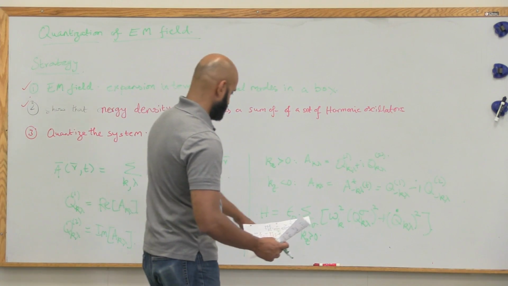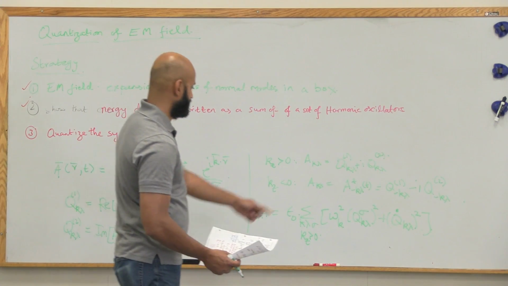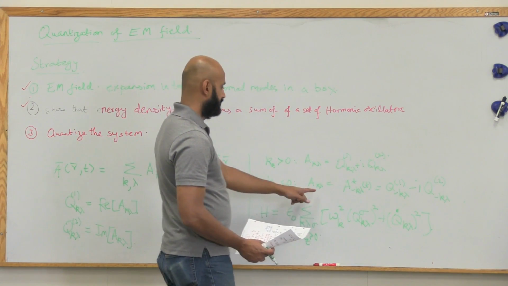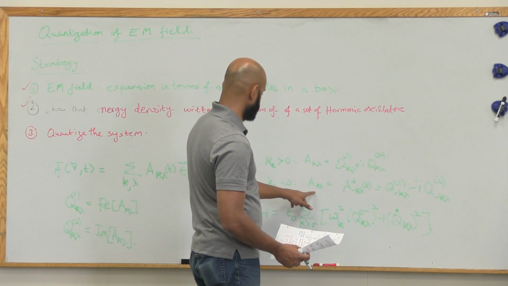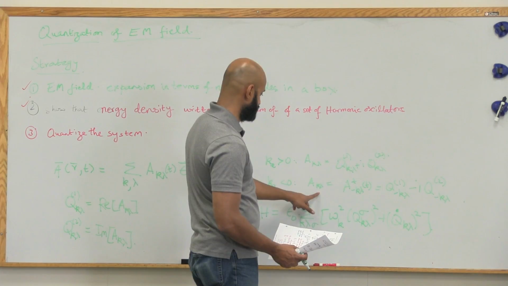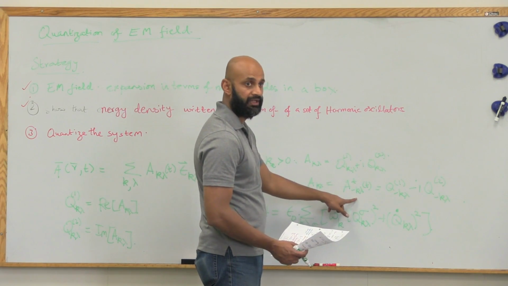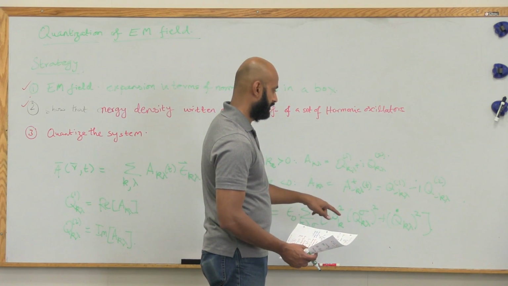And I like that discussion about what happens when k is equal to 0. Well, as we can also see from this expression here, we have to worry about what happens when we hit kz equal to 0. Then the kx and ky still have to satisfy the minus kx, ky star condition.